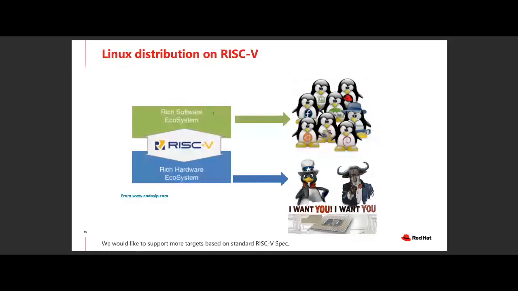So if you are making RISC-V chips or RISC-V IP, please contact us and let us know you have new hardware. We will be very happy to help you run Fedora or some other distribution on RISC-V. For example, right now we are helping RIOS Lab in China to make Chrome OS run on their new platform.